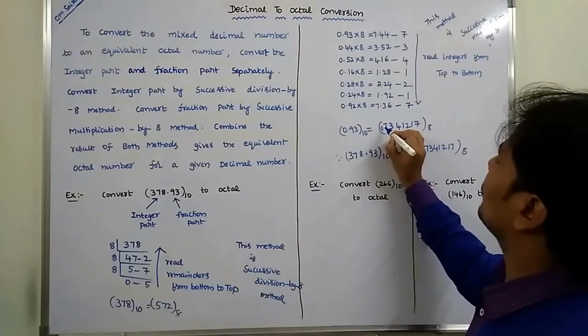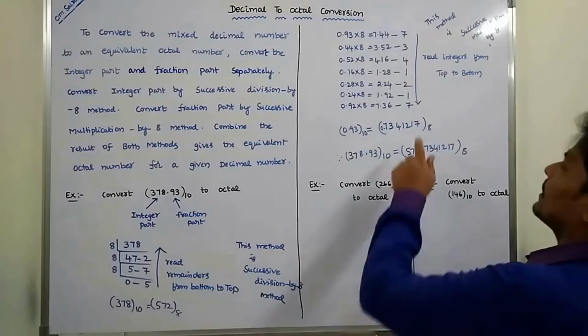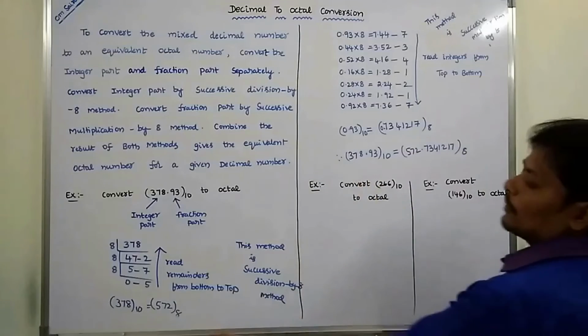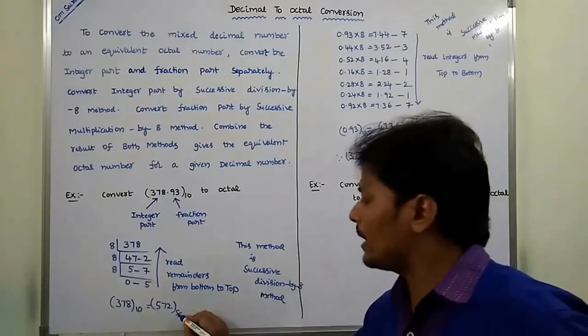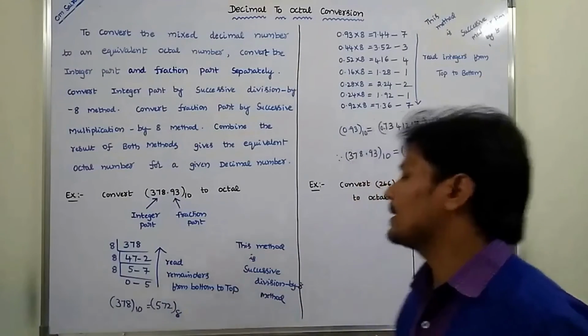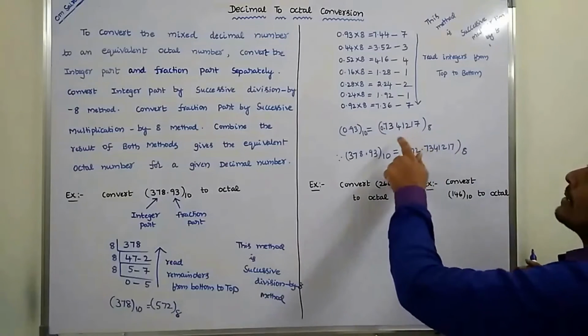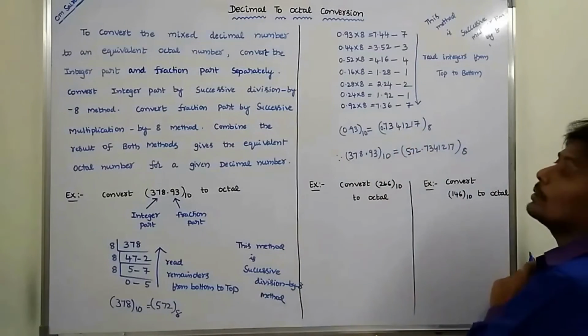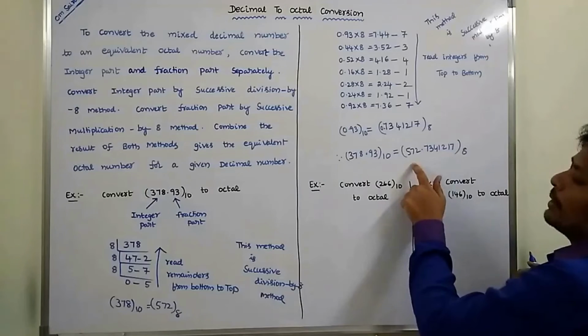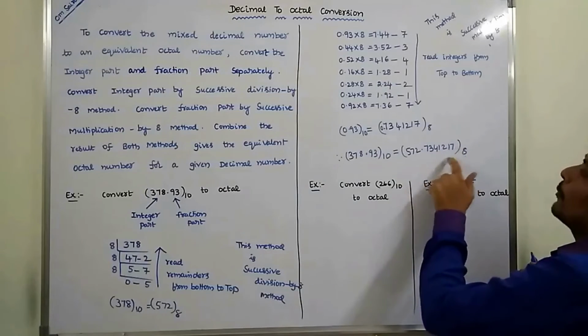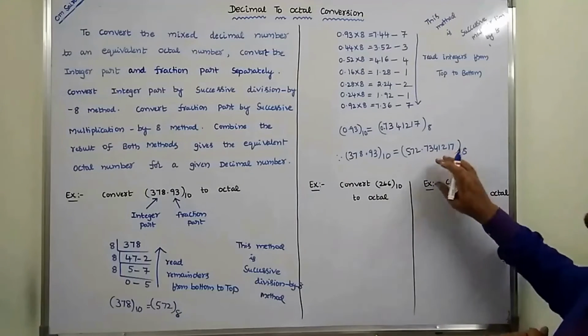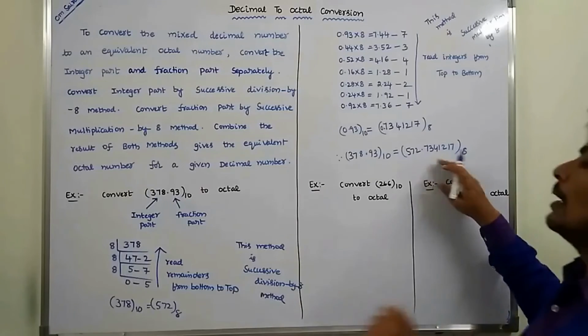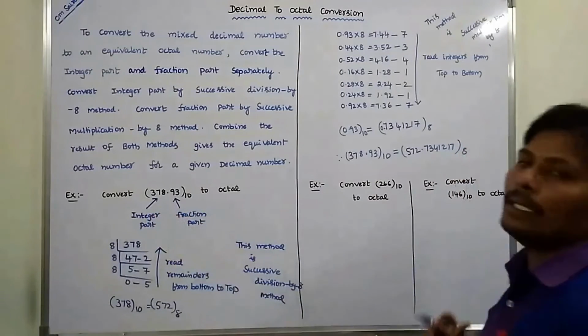Here this is 572 plus 0.7341217. So 572.7341217. This is the equivalent octal number for the given decimal number.